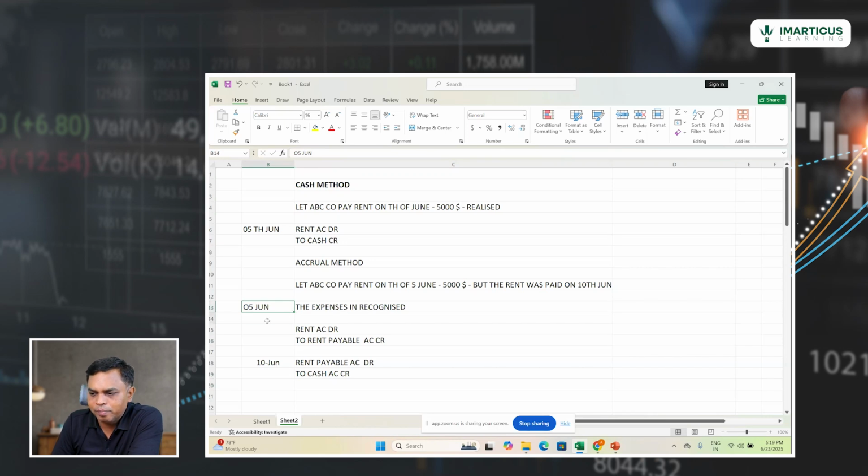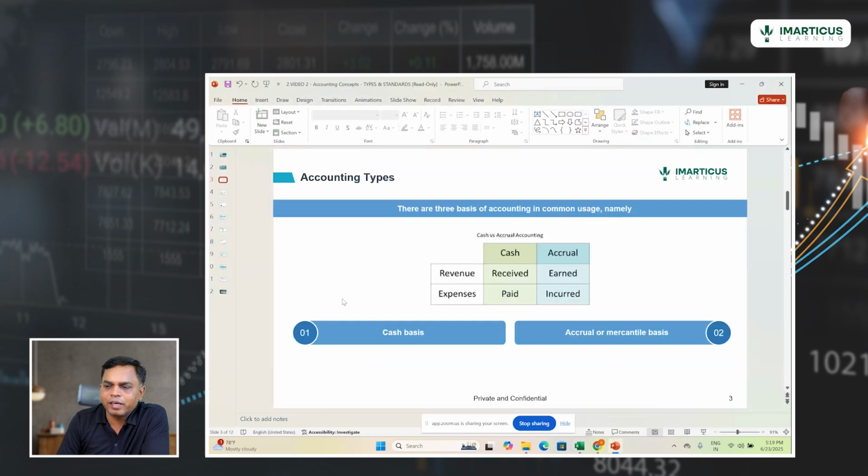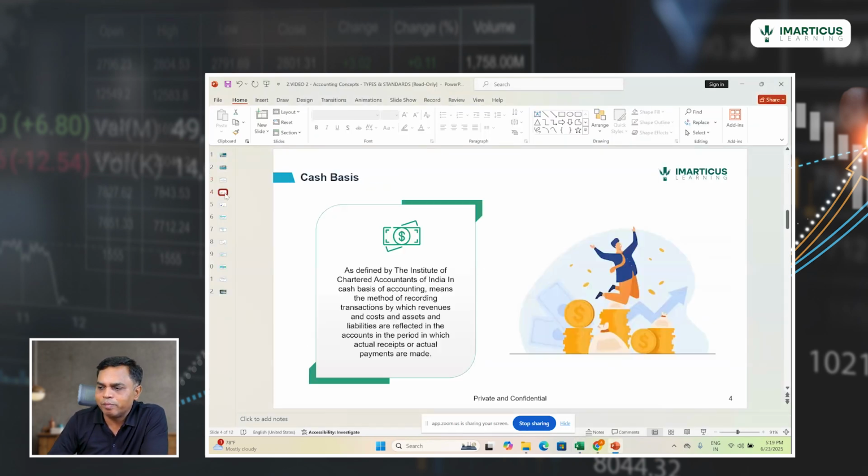One entry is passed on the 5th of June when the expense is recognized, and another entry is passed on the 10th of June when the actual expense is realized. So in the accrual method, two entries will be passed, one on the day of recognition and another on the day of realization. That's the difference between the cash accounting method and the accrual accounting method.